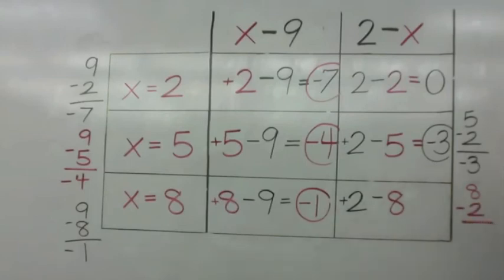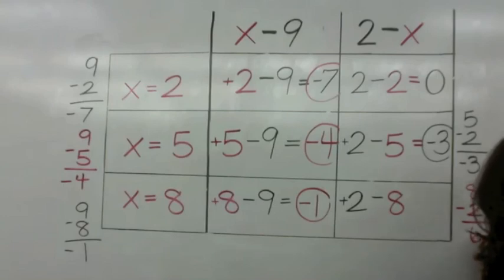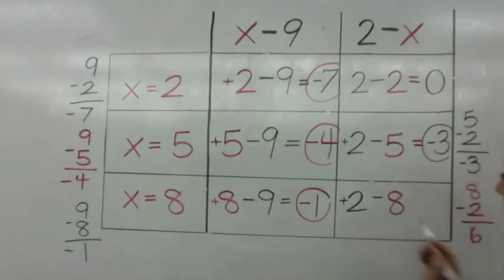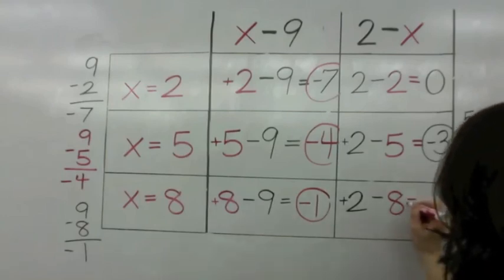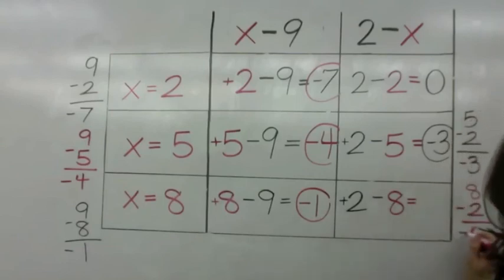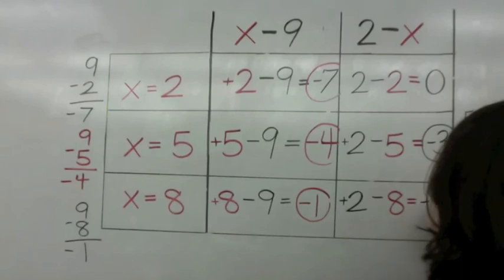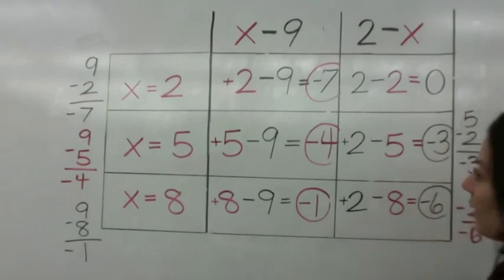Different signs, subtract, 8 take away 2, which is 8, 7, 6. What is the sign of the bigger number? The bigger number is 8, right? And 8 is negative here. So the answer would be negative 6. All right? So go ahead and get this down.